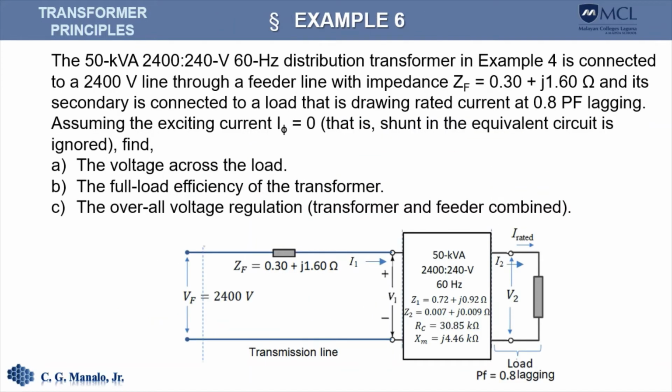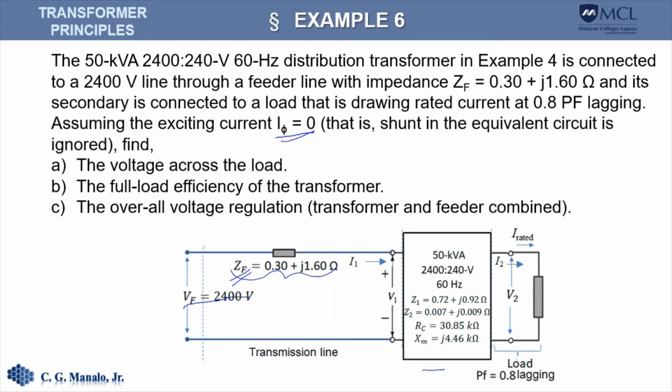In this problem, we repeat example 4, where the transformer is connected to a voltage source, but this time it is connected via a transmission line with an impedance that is equal to this, Z sub F. Also, the exciting current is assumed to be zero, that is, we ignore the core losses and the magnetizing current of the transformer.